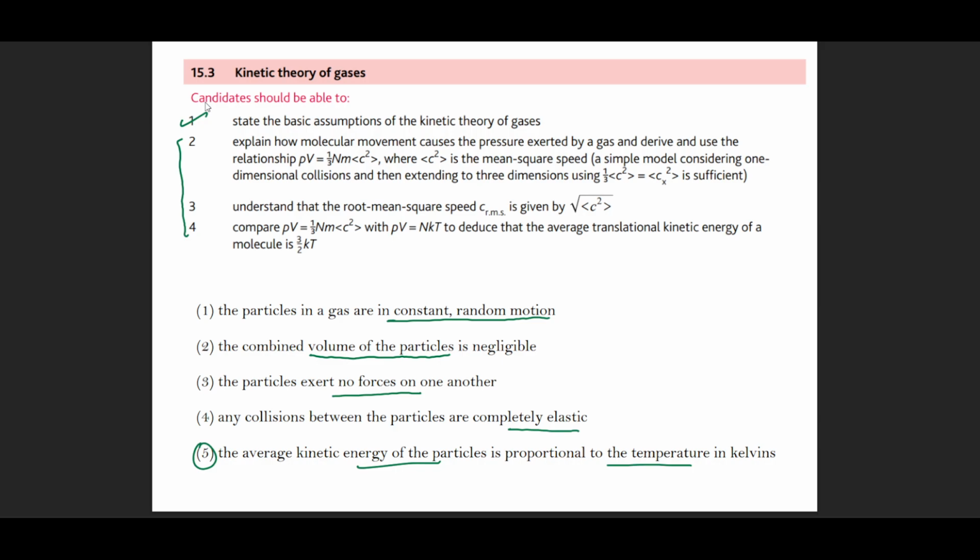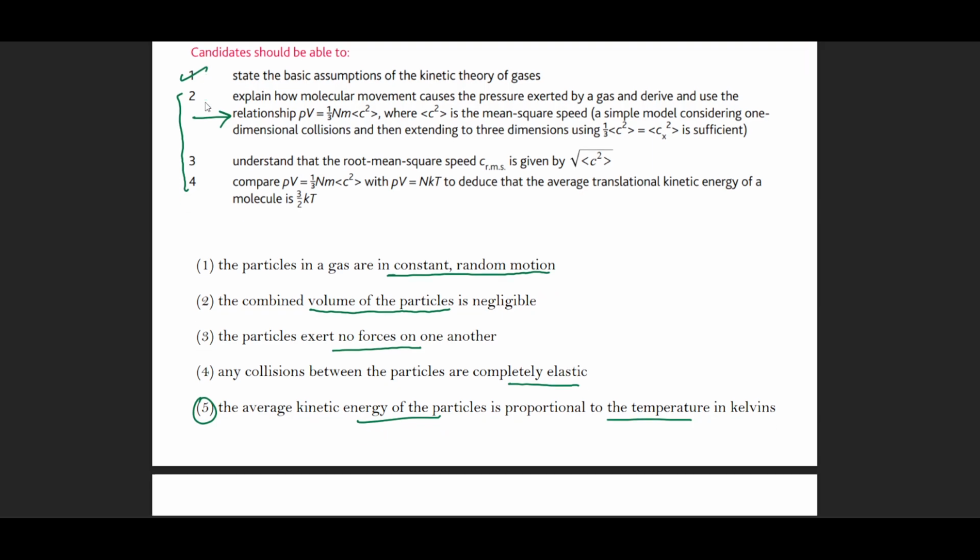In the first part, it asks me to find a relationship that eventually comes down to the fact that pressure and volume are linked like this. So let's see how that comes about.